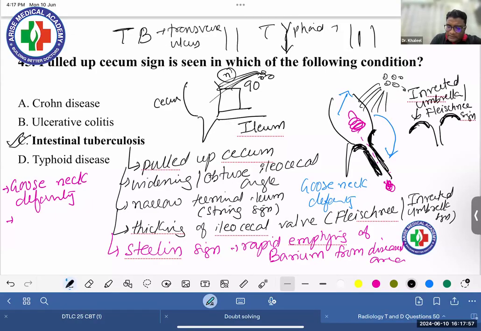So these transverse ulcers start healing, and when they heal, they produce fibrosis that will cause a napkin ring-like appearance. Napkin ring-like stenosis will occur. Because of the transverse ulcers getting fibrosed, you get a napkin ring stenosis.